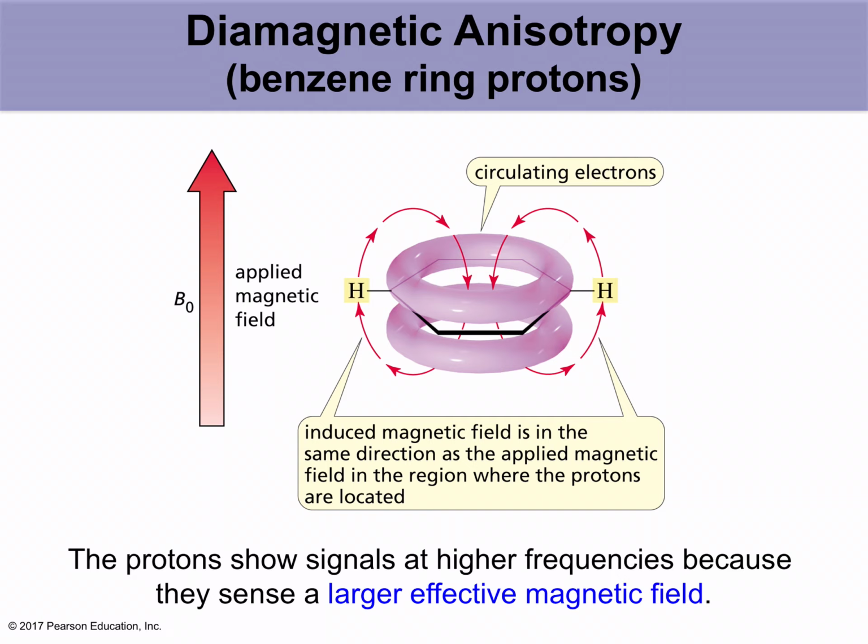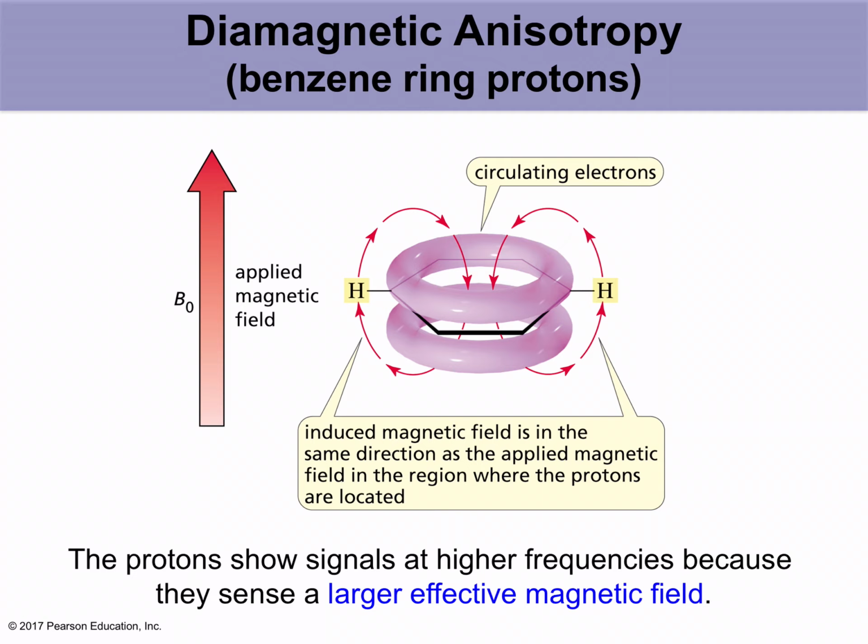Protons sense a larger effective magnetic field, and the sum of the strengths of the applied field and the induced field together makes the proton appear at a higher frequency, because frequency is proportional to the strength of the magnetic field experienced by the protons.